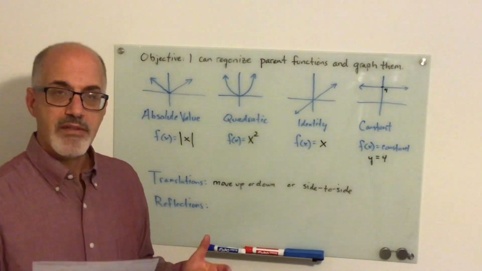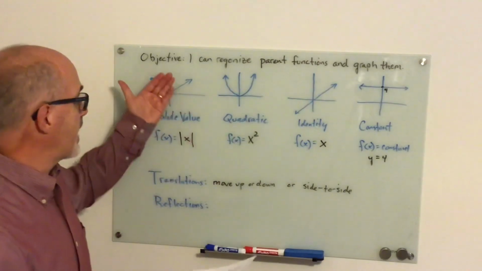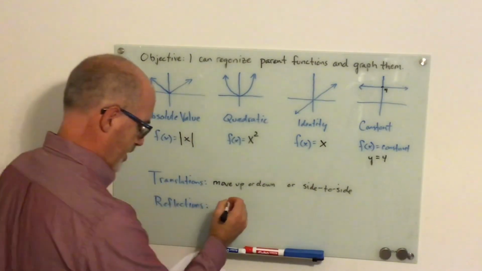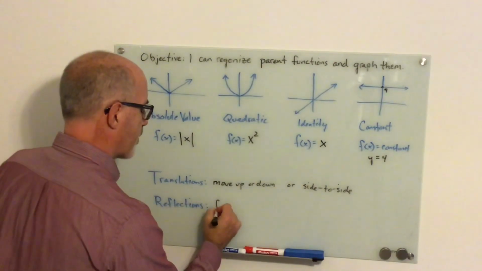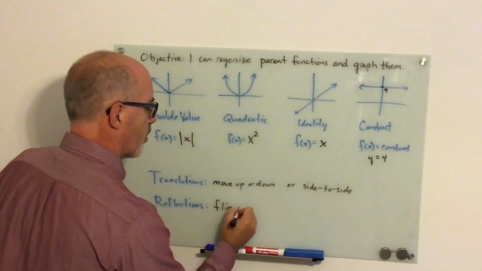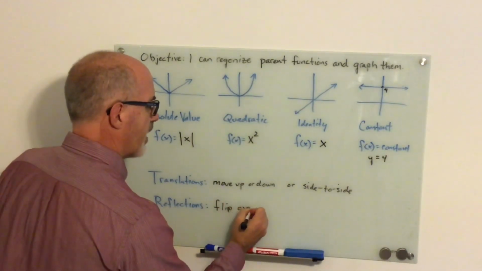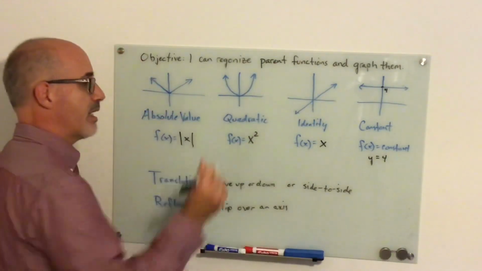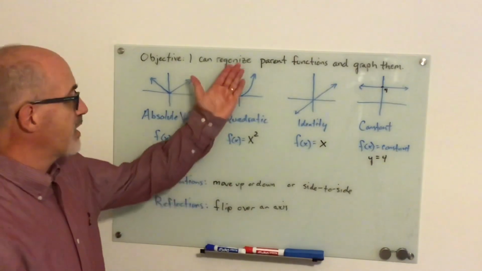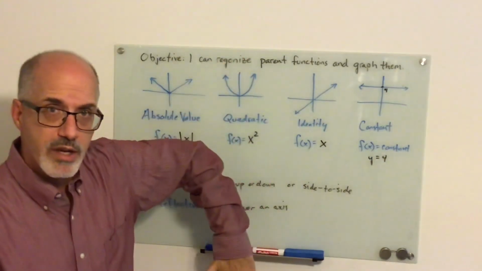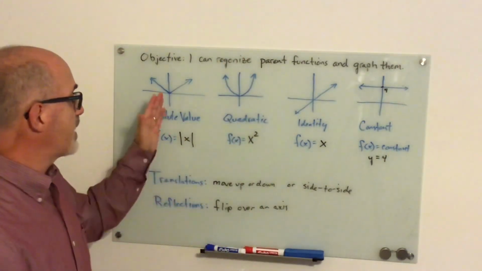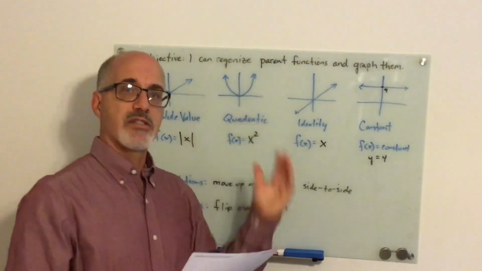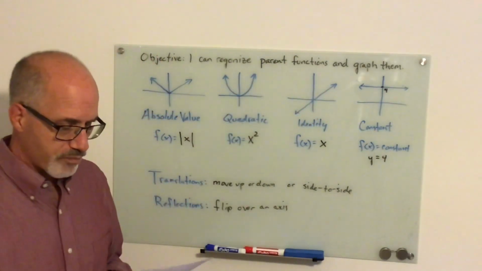Now, if we flip the graph, let's say we take this V and flip it over, that's called a reflection. So if we flip the graph over an axis, that would be a reflection, like taking this parabola and turning it over, or flipping it over the axis to be the other direction.